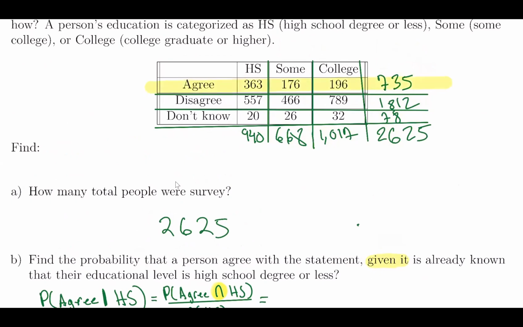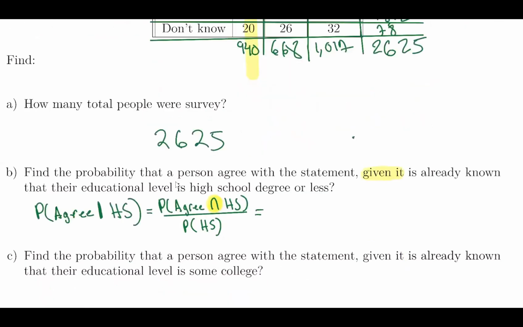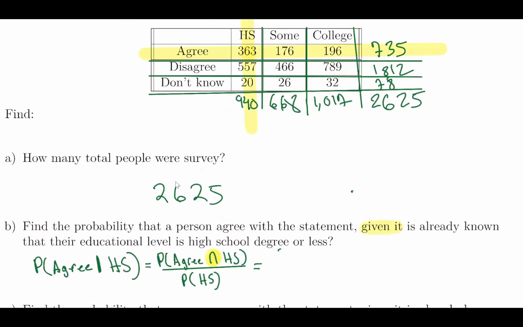These are all the people who agree with the statement. Then ask how many of them have a high school degree or less. All of these people. So you want to see where they intersect, because where they intersect are the people that meet both conditions. So how many people do we have that agree with the statement and have a high school degree or less? 363. So you put 363 and you divide it by the total.